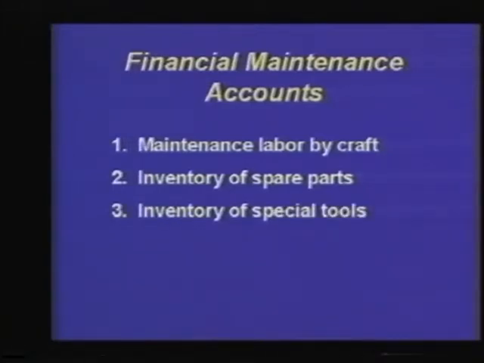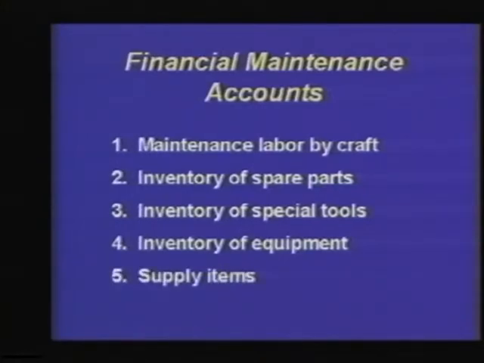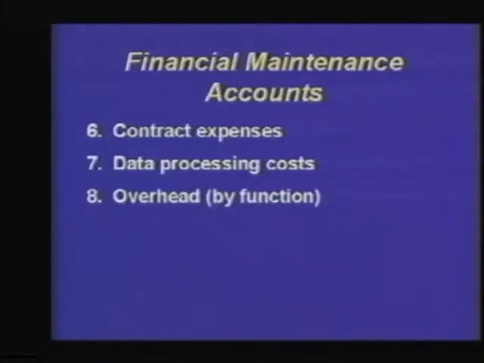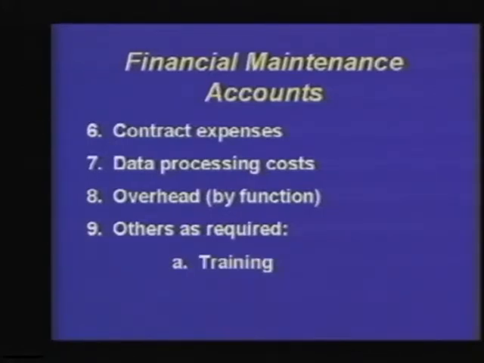We would have the inventory of special tools in item 3, the inventory of equipment in item 4, the supply items that are consumed by the maintenance department as 5. 6 would be contractor expenses. 7 would be the data processing costs. 8 would be the maintenance overhead by function. And 9 would be other costs such as training and other types of miscellaneous costs.